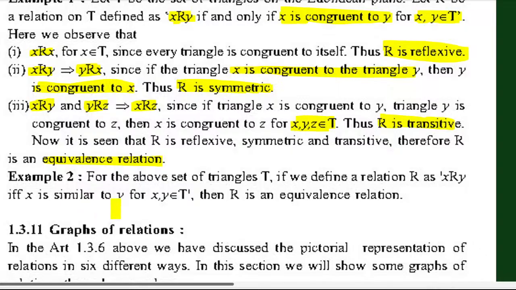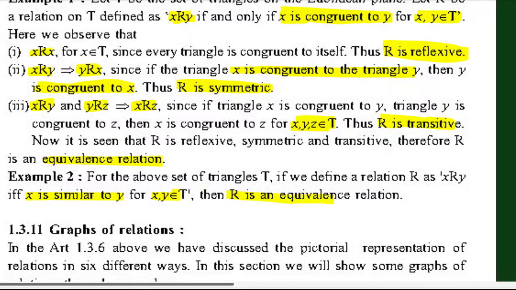Again, for similarity also, it is an equivalence relation. If one is similar to the other, the other will also be similar to it. X and X are similar, right? So X is similar to Y. Then when we introduce another similar triangle Z, in which Y is similar to Z, since X is similar to Y and Y is similar to Z, X and Z will also be similar, so that is why it is also transitive.